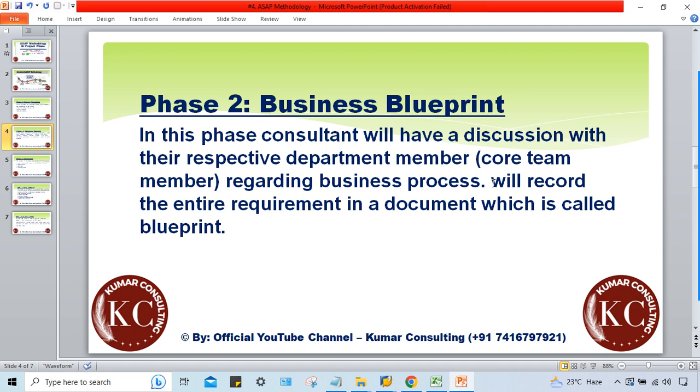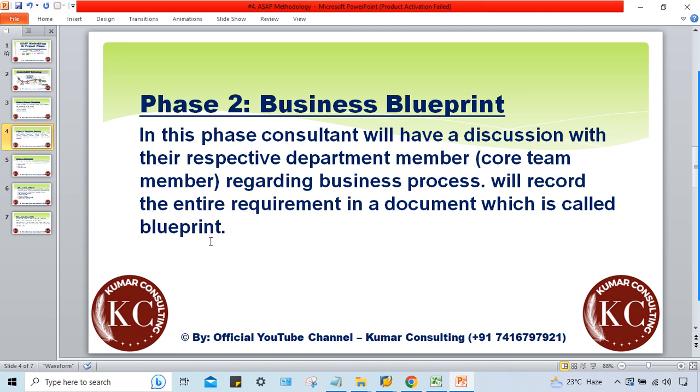If we don't document, then maybe in future they say, no, you have noted down only 10, when whatever discussion happened, I said we have a total of 12 activities. So whenever a discussion happens, it must be recorded in a document, and that document is called the blueprint document.